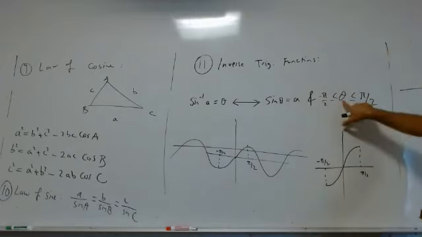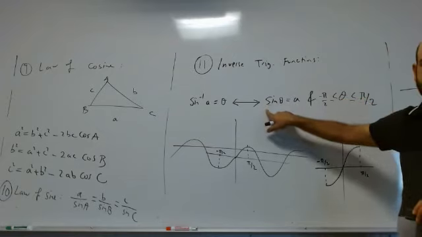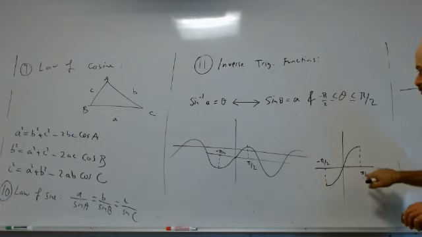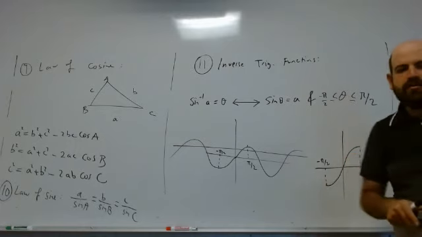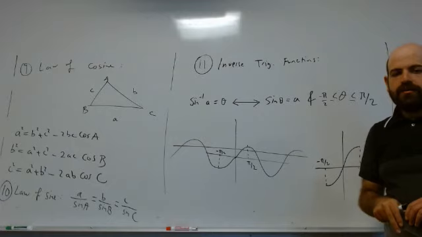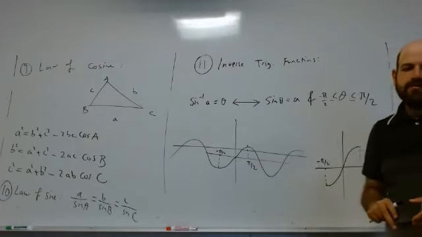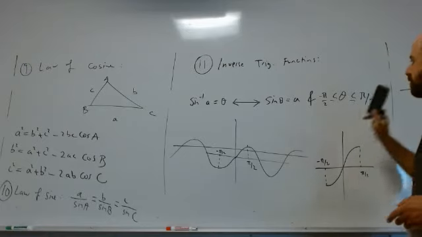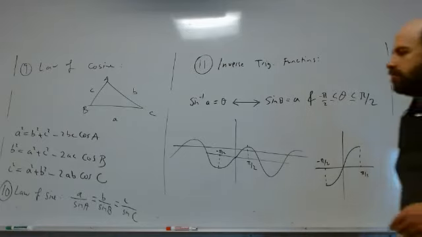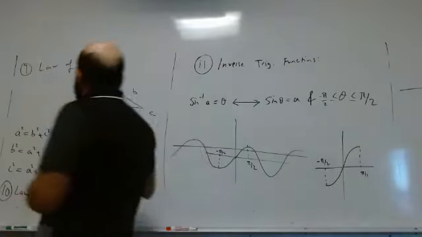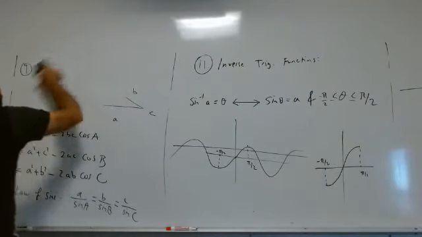So we are requiring the input of the original function sine x to be between minus pi over 2 and pi over 2 so that the function is one-to-one, and then we can also talk about the inverse of the function. This is why we are requiring theta to be between minus pi over 2 and pi over 2.